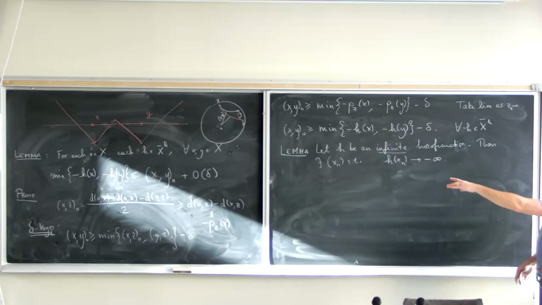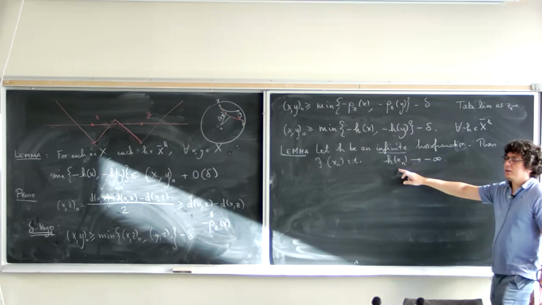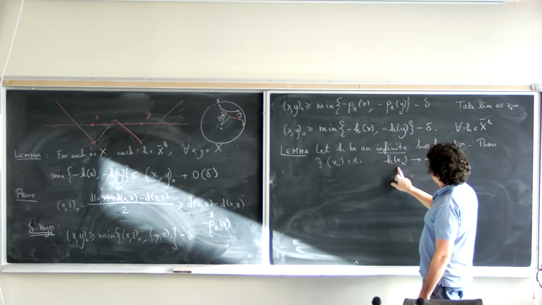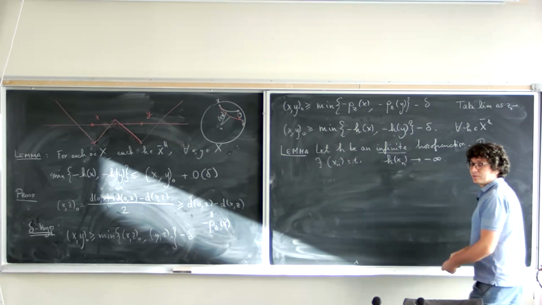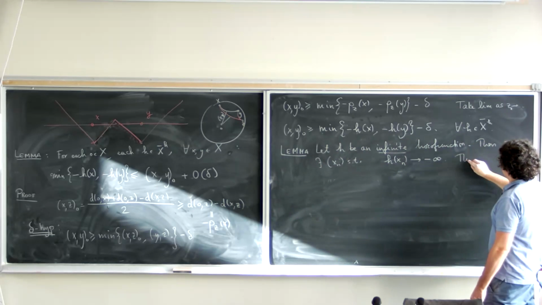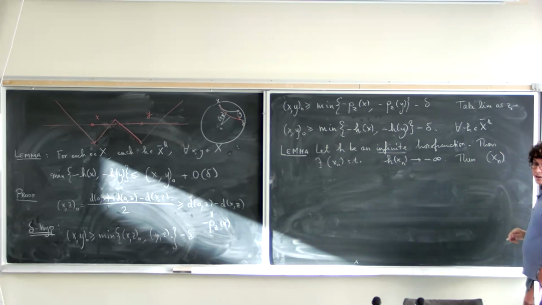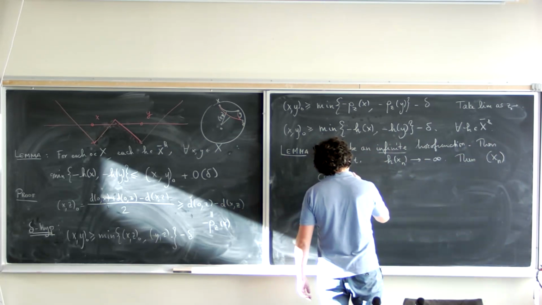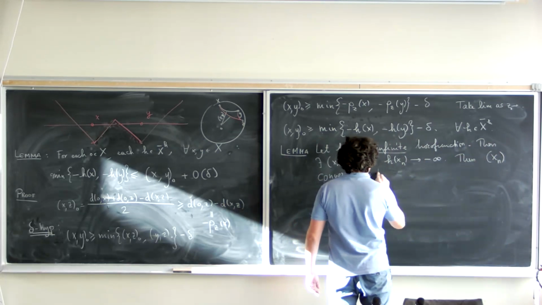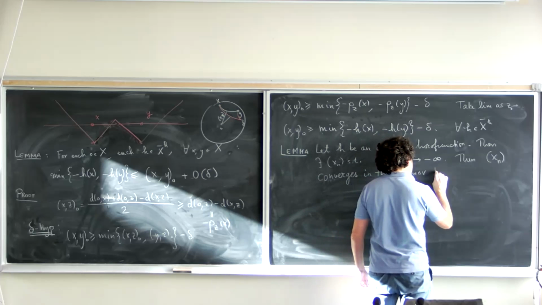Now, what is really neat about this setup is that we claim that this sequence X_n does converge not only in the Horo function compactification, but in the Gromov compactification. So then, what we can claim is that X_n converges in the Gromov topology, in the Gromov boundary.